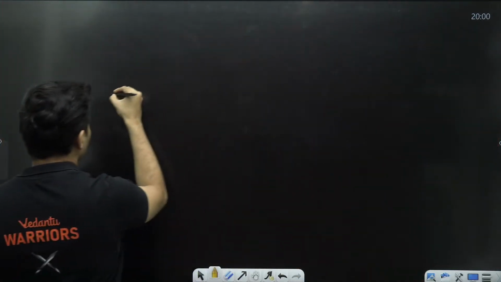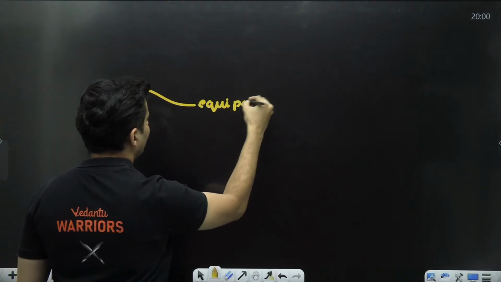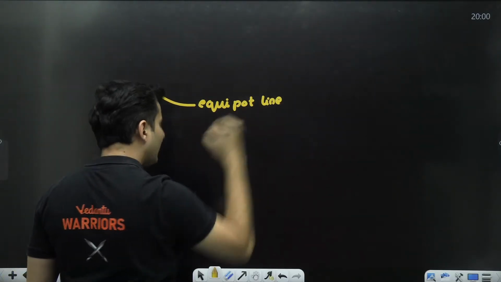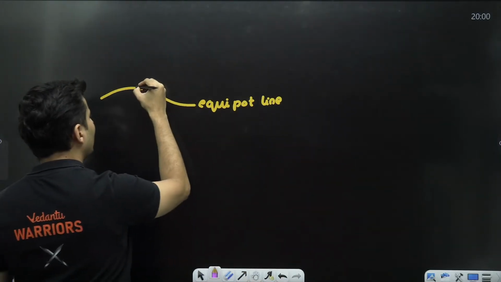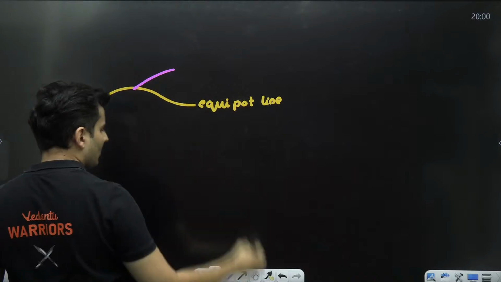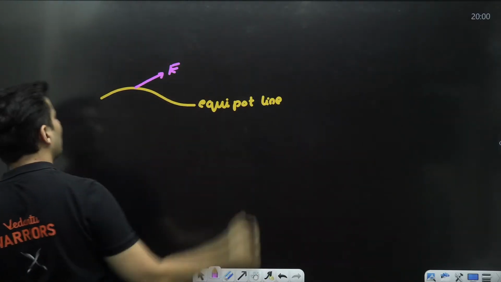See, imagine this is one equipotential line. Let's assume that the electric field is not perpendicular but making an angle with the equipotential line.